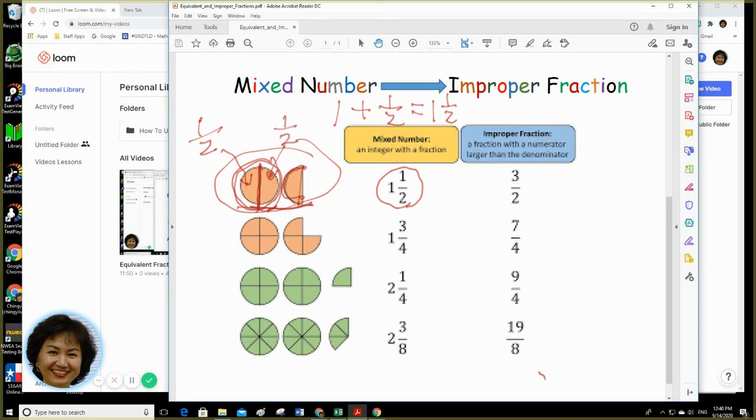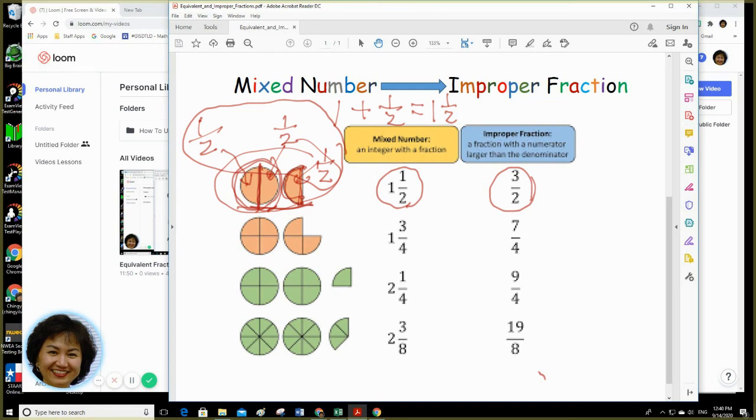And we know this half slice itself is also 1/2. So now we just grab all these 3 slices together, we still get the same total. So 1 1/2 equals 3/2.